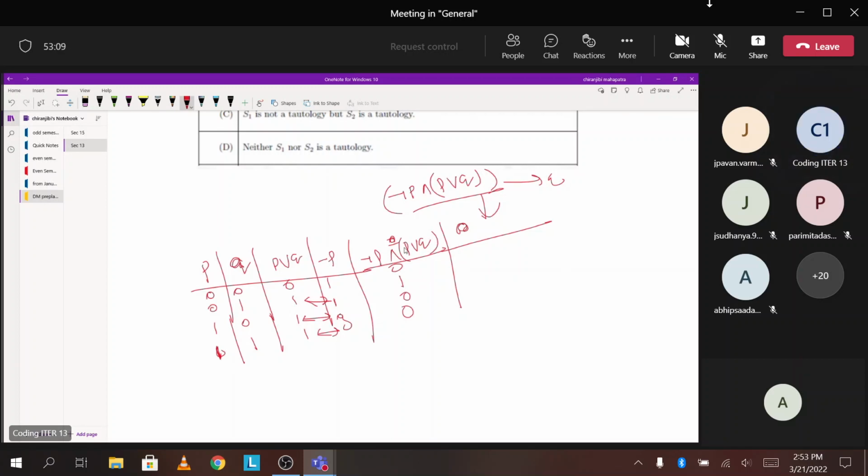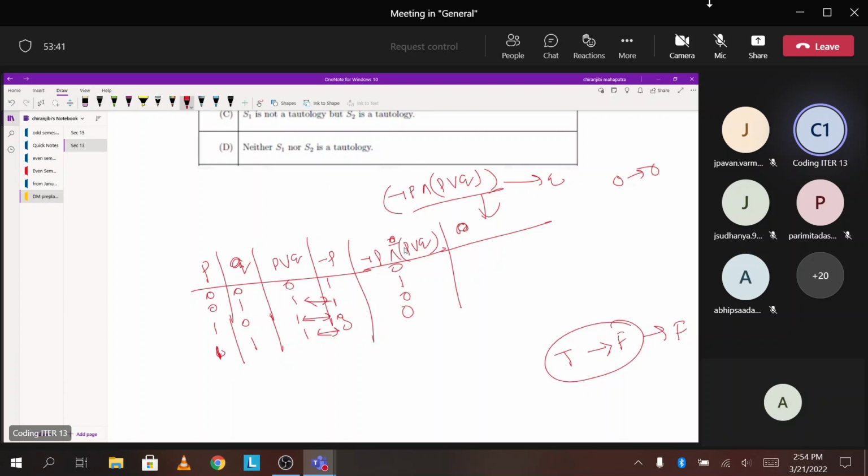So 0 then 0, that is true or false. When the if-then statement is false, in one case it is false but in all other cases it will be true. When the first statement is true but the second statement is false, in that case as a result it will be false, but in any other case that is true.